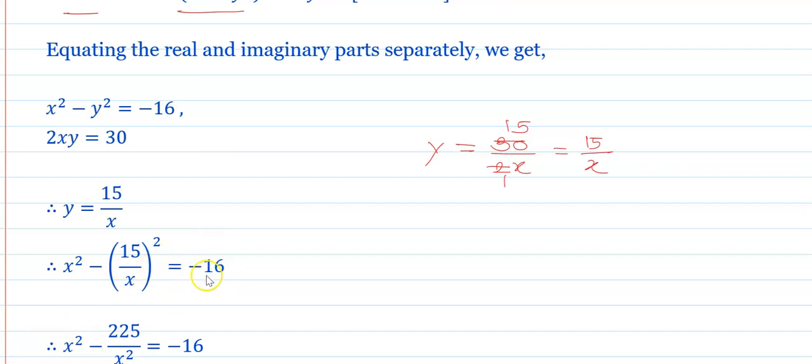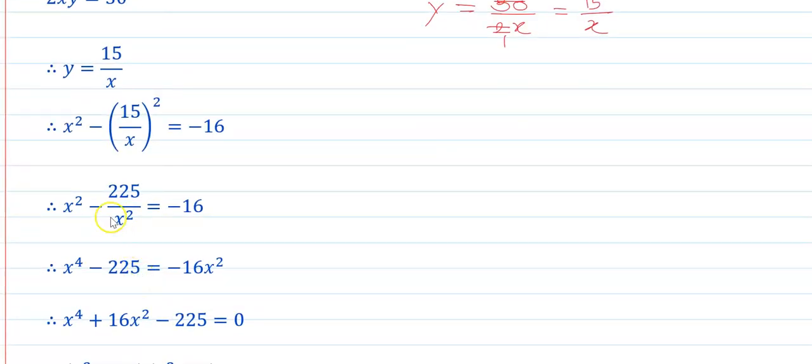is equal to -16. The square of 15 upon x is 225 upon x square, equal to -16. Multiply on both sides by x square. Multiplying by x square, you will get x raised to 4, then x square gets cancelled, you will get minus 225 is equal to -16x square.